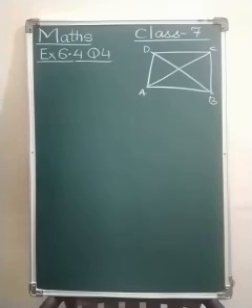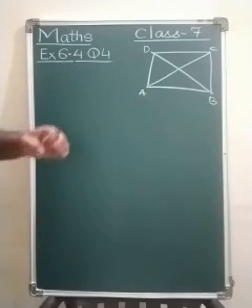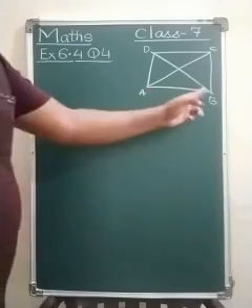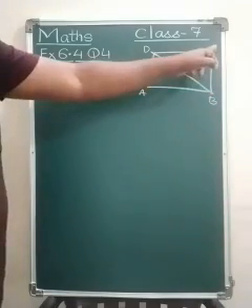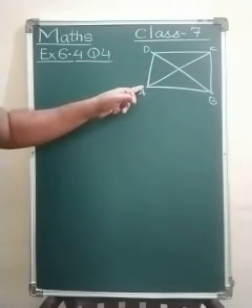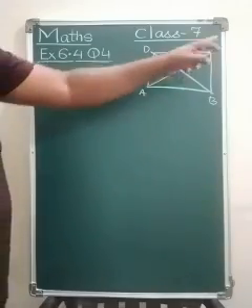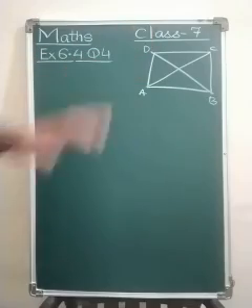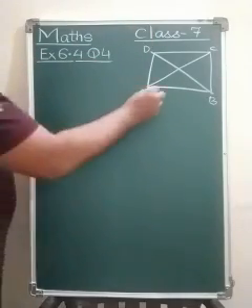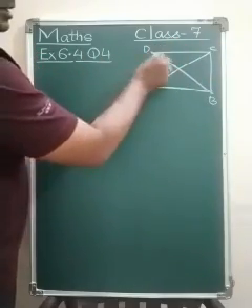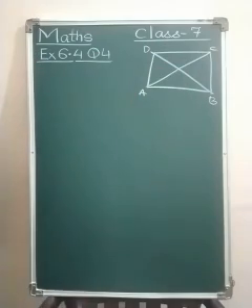ABCD is a quadrilateral, and we have to show, as they have asked, whether AB plus BC plus CD plus DA is greater than AC plus BD. So is the sum of all the four sides greater than the sum of the two diagonals?